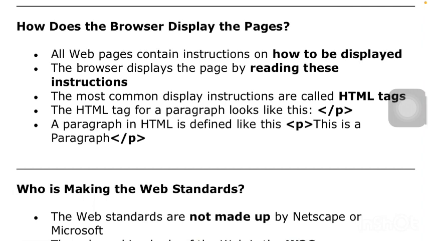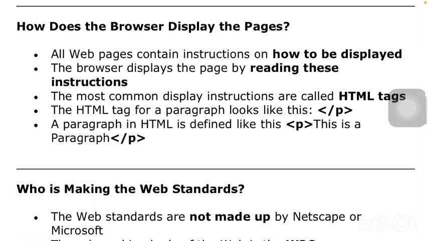That's why you can see some text bold, some just normal. So the browser uses the instructions to display the text. The most common display instructions are called HTML tags.